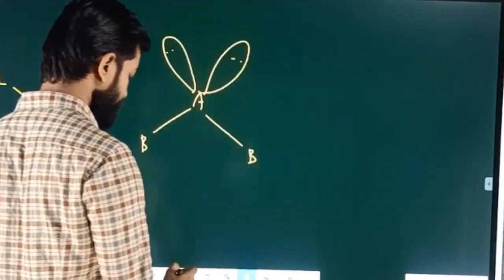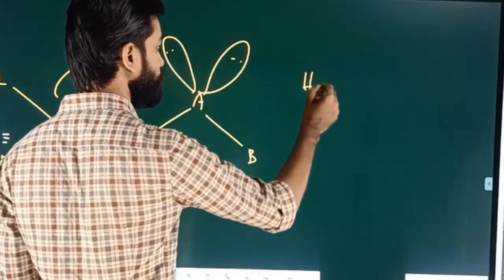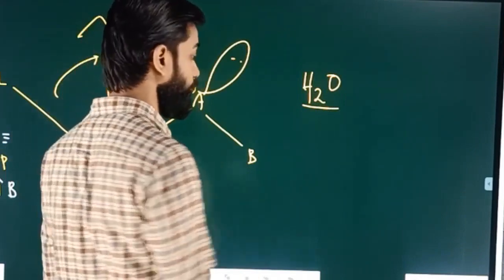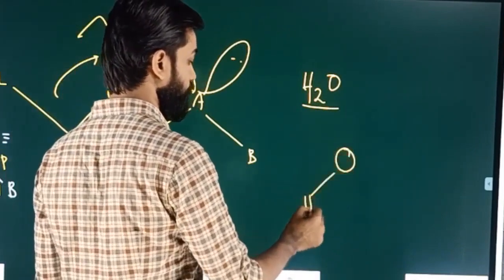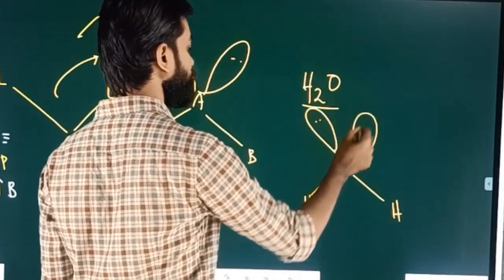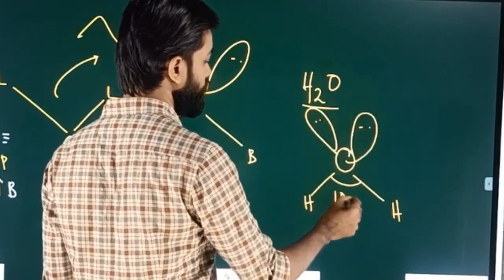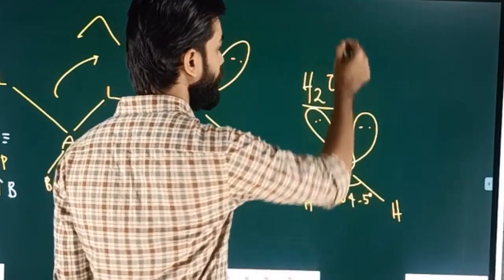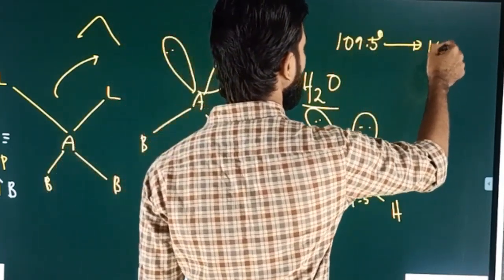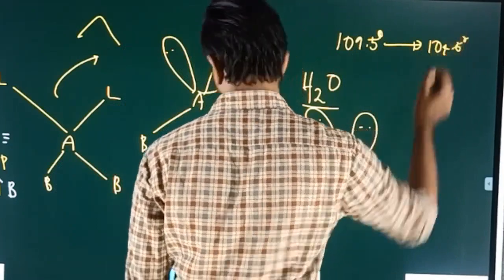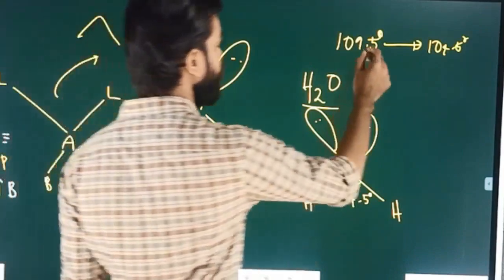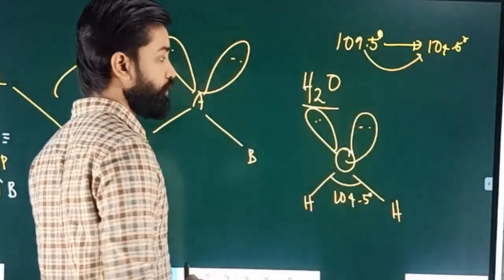We can give water as an example here. Water has a bent shape. We all know the structure of water, where the bond angle is reduced to 104.5 degrees. Actually, the geometry is tetrahedral and the expectation is 109.5, but the bond angle is 104.5 degrees, so nearly 5 degrees are decreased.